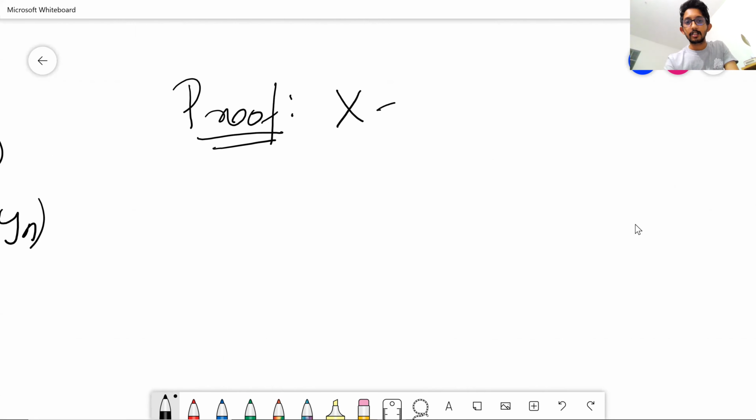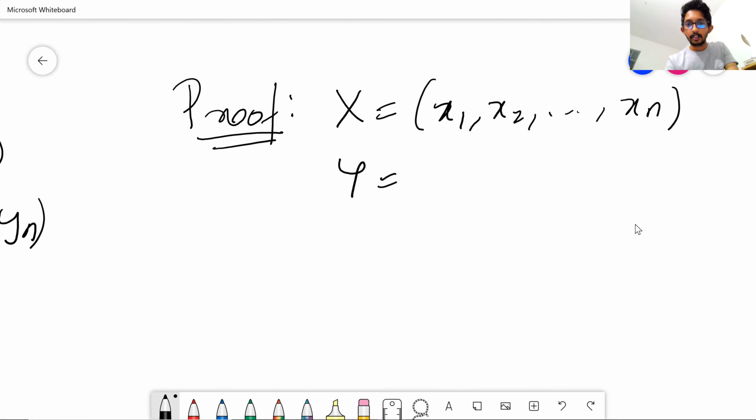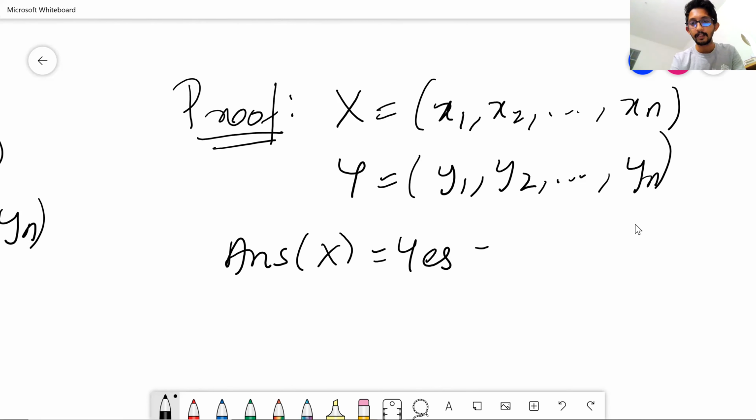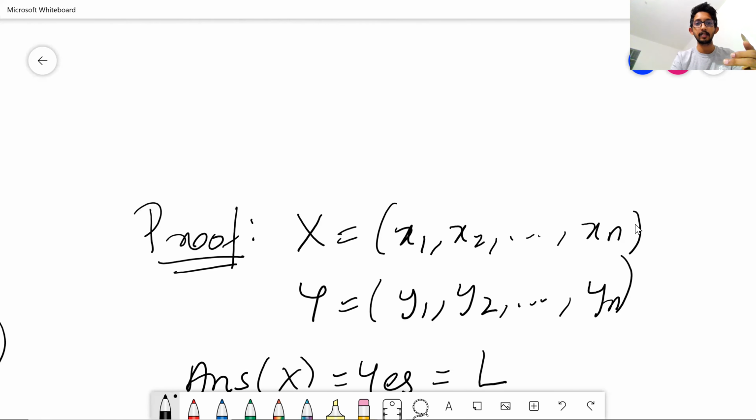So we have x = x1, x2, and so on, xn, and we have y = y1, y2, and so on, yn. Now let's assume both of them go to the same answer, and let's assume that the answer of x is yes, and they go to a path called L. By path, I basically mean this.